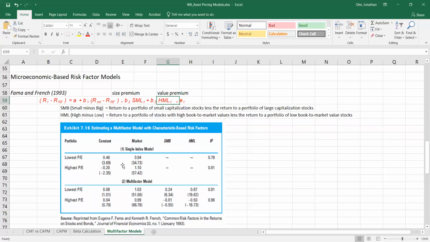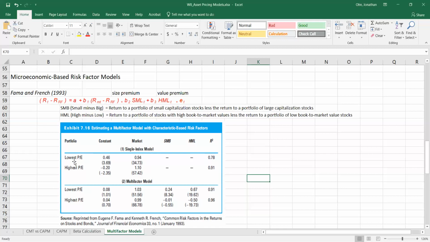All right, this is a result from the Fama French paper in 1993. If you look at this model and get rid of the second and third factors, it is exactly equivalent to the CAPM model, a single factor, single index model.